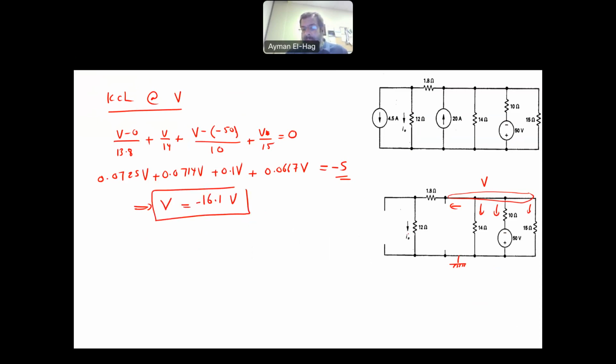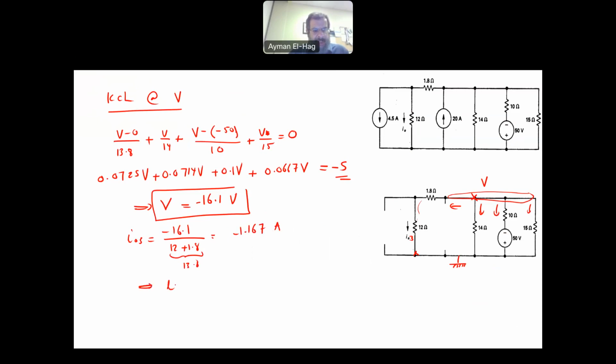Now what I want is I03. I03 will equal the node voltage, which is between this point and this point, which is the minus 16.1, divided by these two resistors in series, the 12 plus the 1.8, or the total of 13.8, and this will give me minus 1.167 amps.